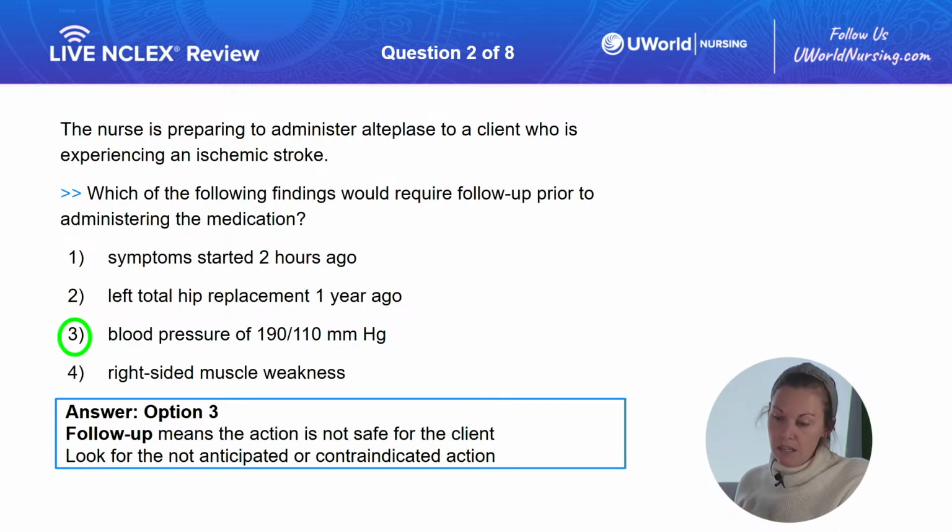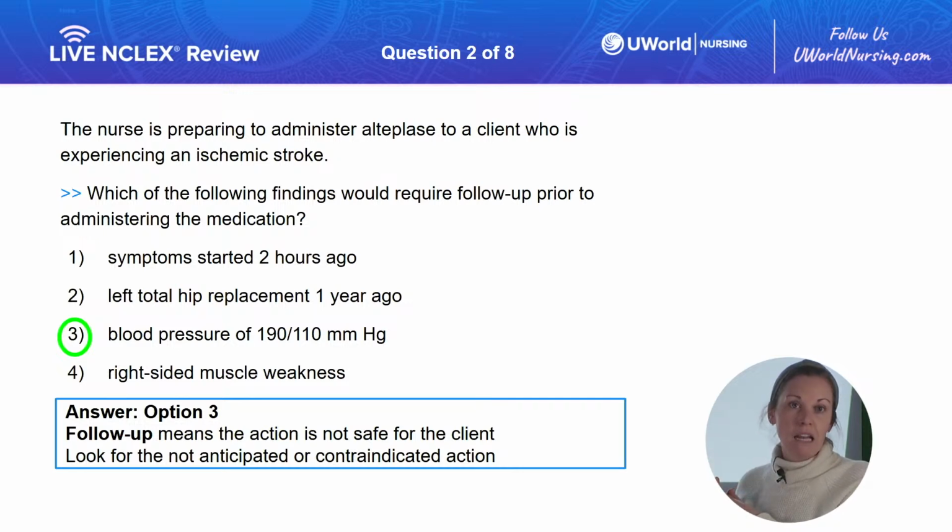Recent head trauma, previous intracranial hemorrhage, so again, we're worried about brain bleeds when we give this, or recent major surgery within the last 14 days. And then our last one, uncontrolled hypertension, which is what we see in option 3. So anything over 185/110 typically can cause a brain bleed if we give this medication. So again, we're going to follow up before giving TPA if our client has uncontrolled hypertension.